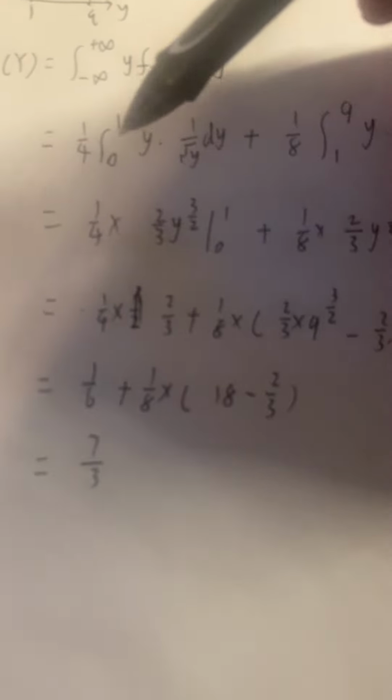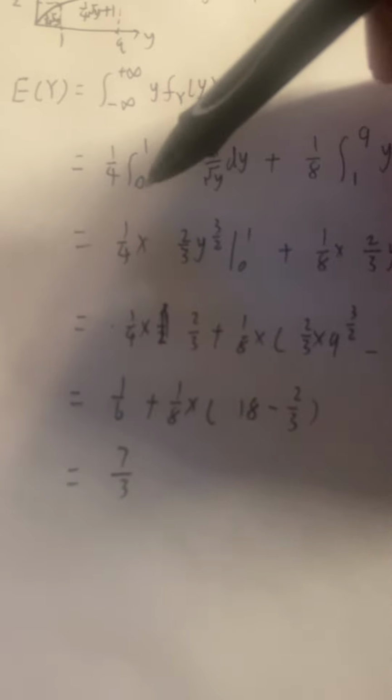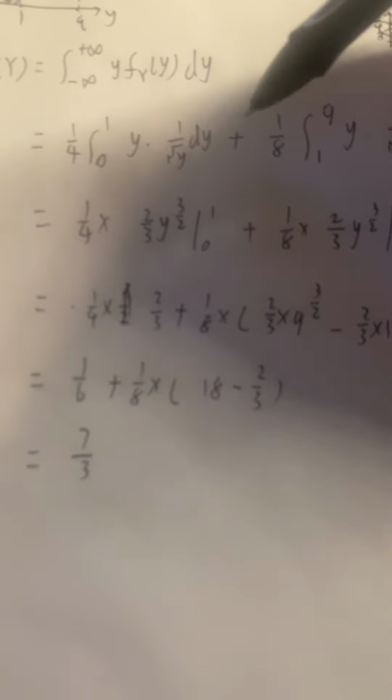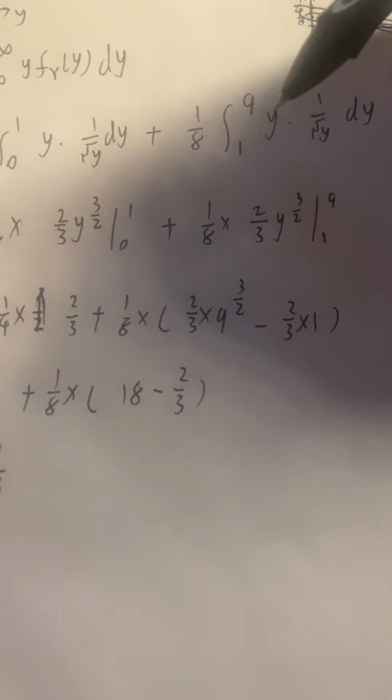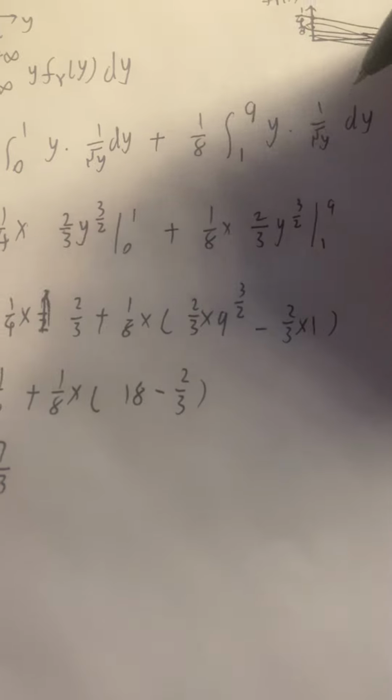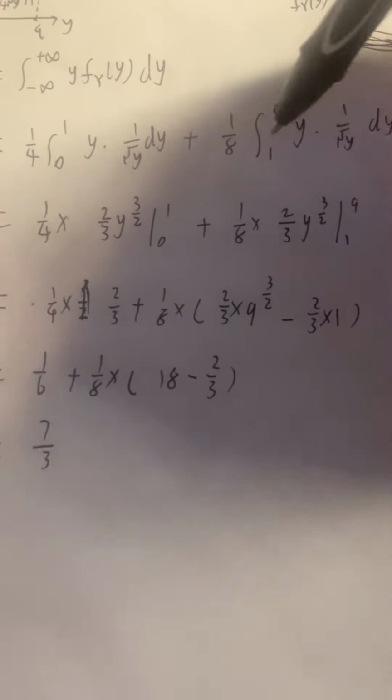We can rewrite this as the integral from 0 to 1 of y times the density function of Y dy, plus the integral from 1 to 9 of y times the density function of Y dy. Adding them together, the final result will be 7/3.